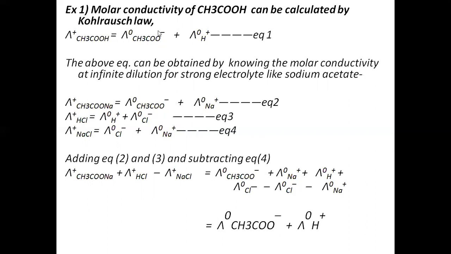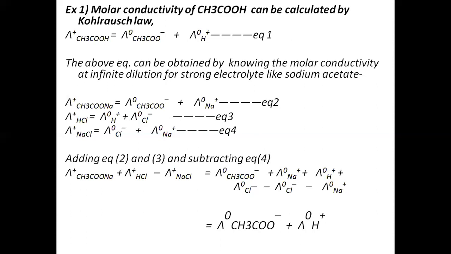Then we can find the molar conductance of CH3COOH by using strong electrolytes like sodium acetate, HCl, NaCl, etc. First is the molar conductance of sodium acetate, CH3COONa. According to Kohlrausch law, it is the sum of CH3COO minus plus Na plus. In the case of HCl, the sum of H plus and Cl minus ions. In the case of NaCl, it is the sum of Cl minus and Na plus ions.